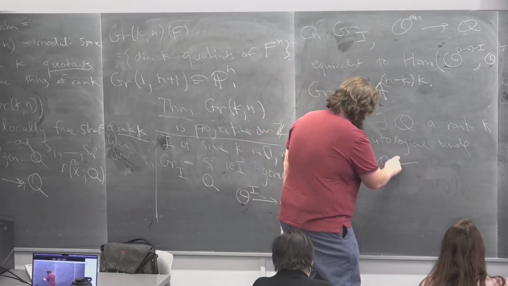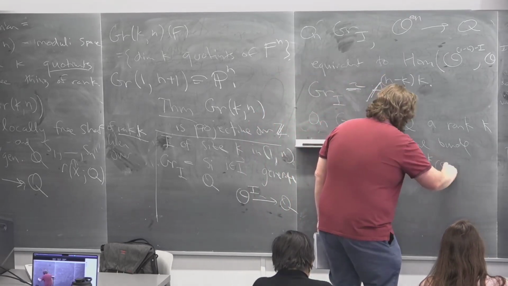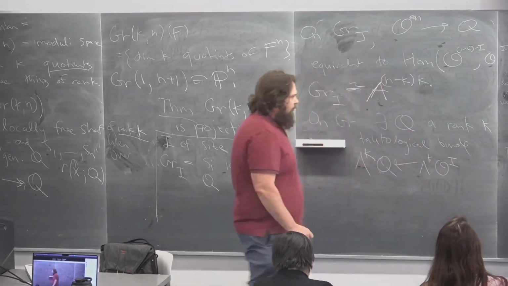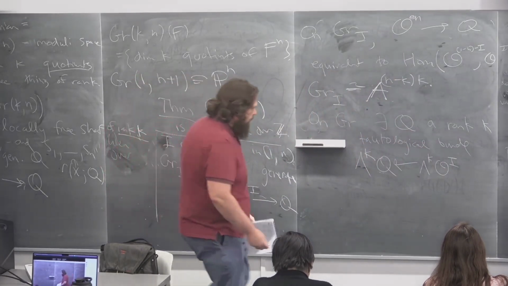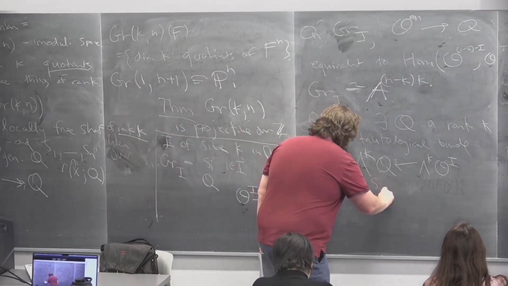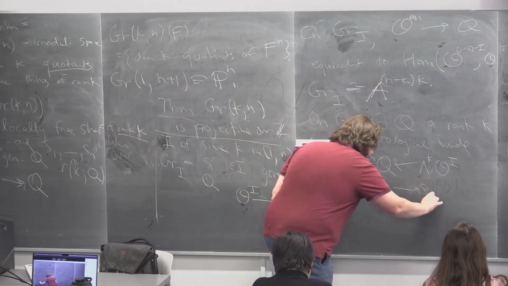And there's a natural map from the kth wedge power of the trivial bundle to this, which is given by wedging together the sections that lie in it.